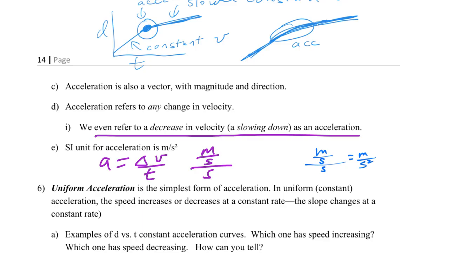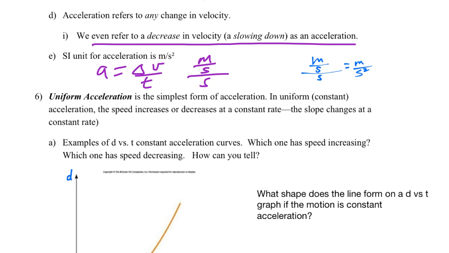Okay, so let's talk about those little curvy things. So I zoomed in on that little bend. We already talked about acceleration. Uniform acceleration means the speed's increasing at a constant rate.